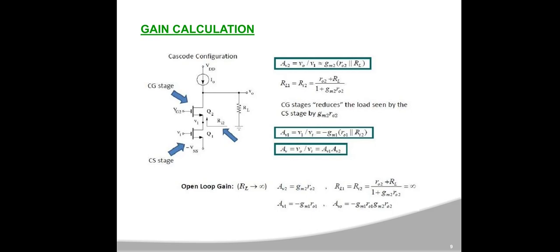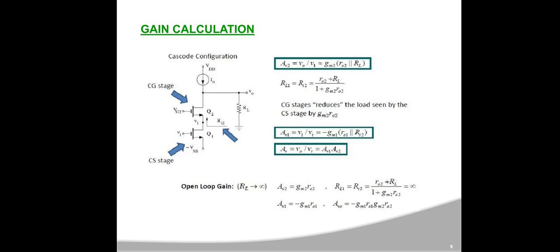The gain at the common source stage is minus gm1 into (ro1 parallel to RL1), and the overall gain is the gain at common source times the gain at common gate.